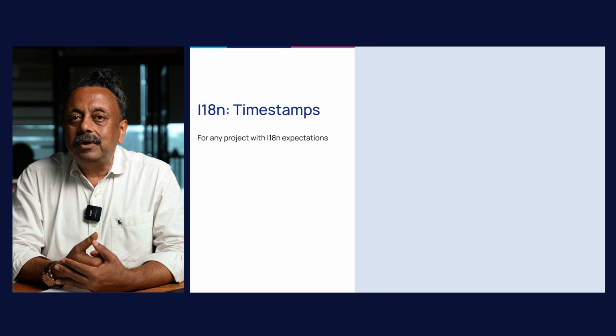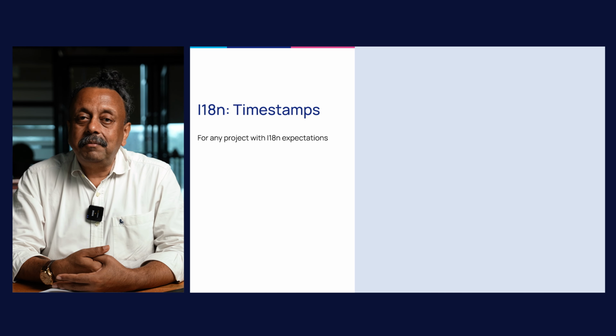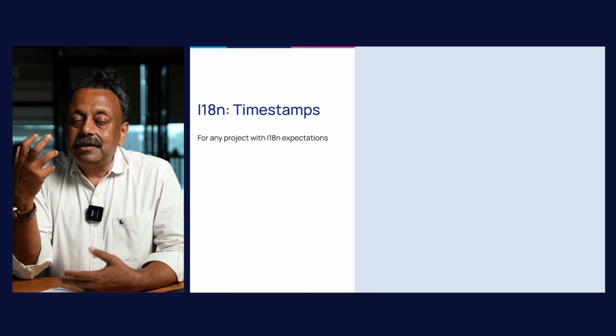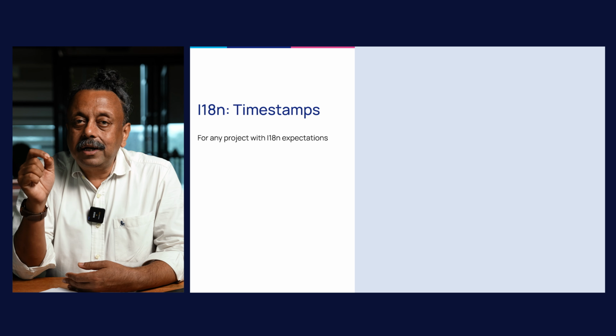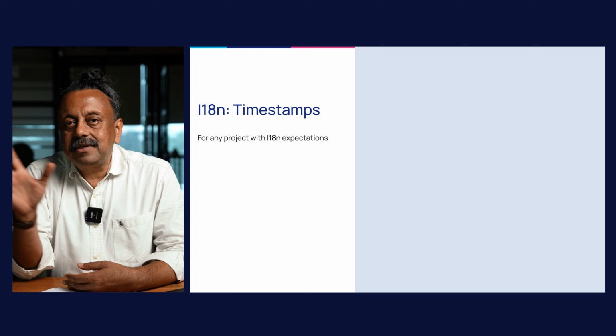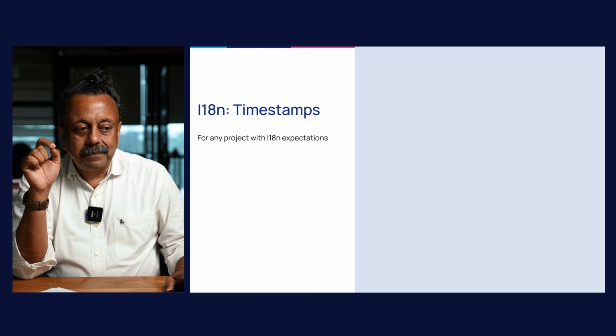The first thing to understand when you are operating in a multi-time zone ecosystem is that all your servers need to agree on one common alignment for timestamps in the database. So that becomes UTC.